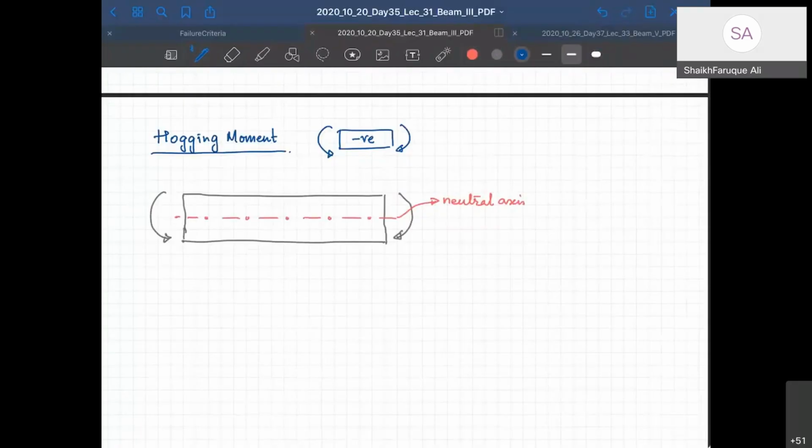So it's going to go like this. And this neutral axis is going to bend like this. So that side is tensile.